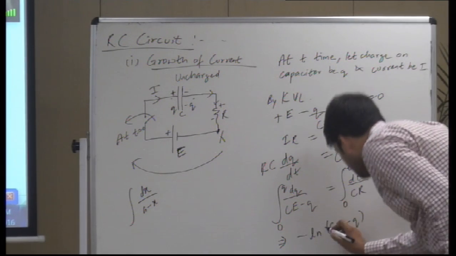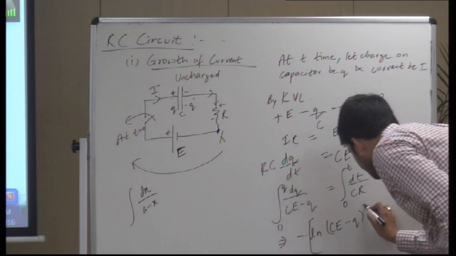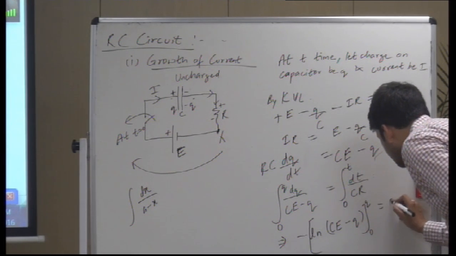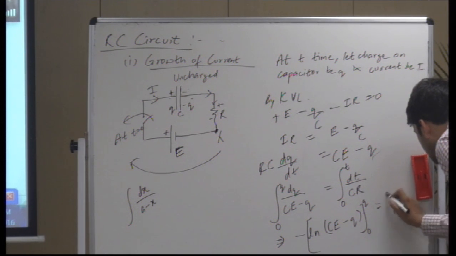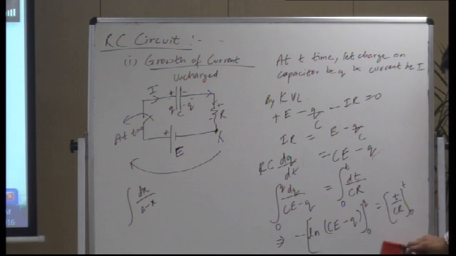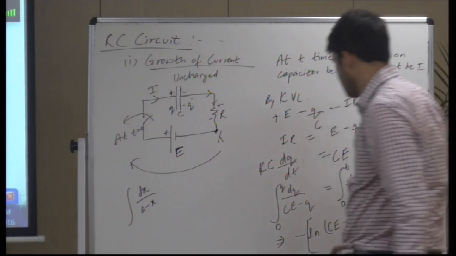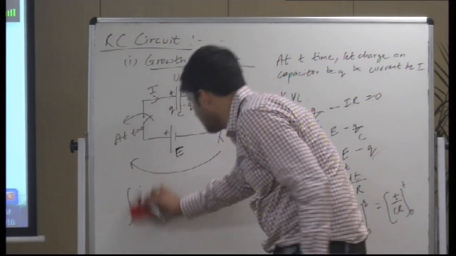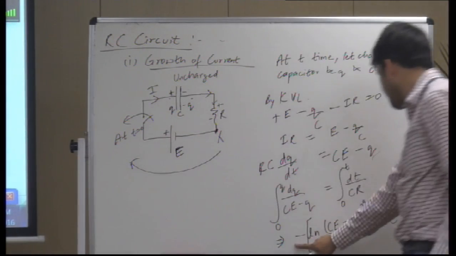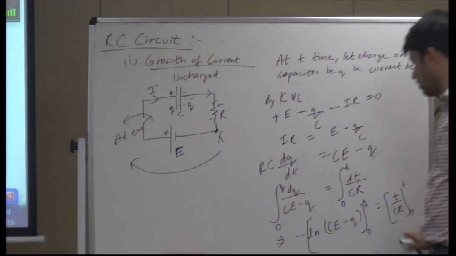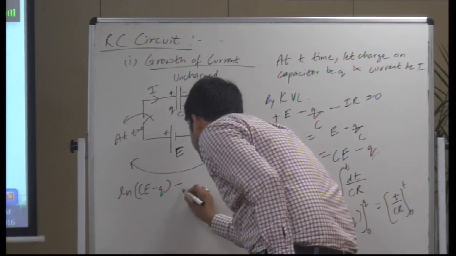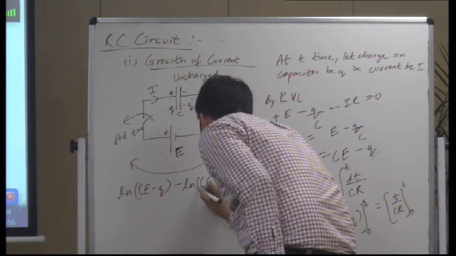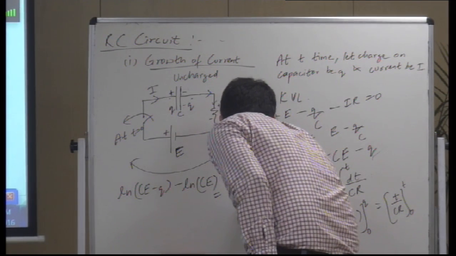And the limits 0 to Q is equal to the integral of dt, which becomes t, sorry, T upon CR from 0 to T. So taking the negative sign to the RHS, you get ln (CE minus Q) minus ln CE is equal to minus T by CR.